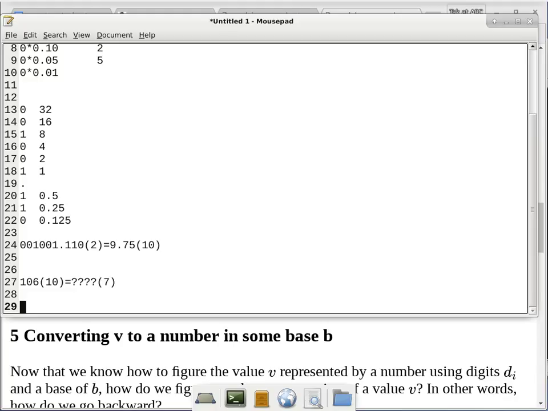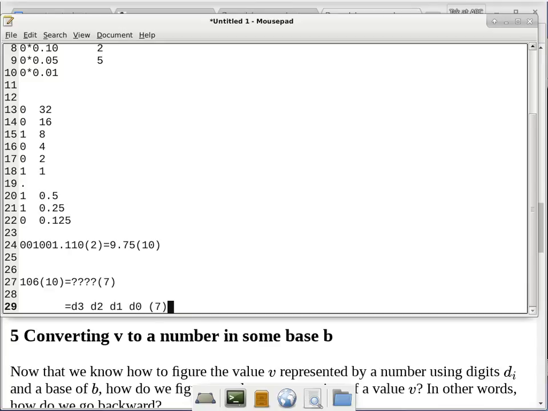So when you convert it into base 7, I am going to designate these 4 digits as D3. D3 is the most significant digit. D2 is the second most significant digit. D1 is the second least significant digit. And then D0 is the least significant digit.